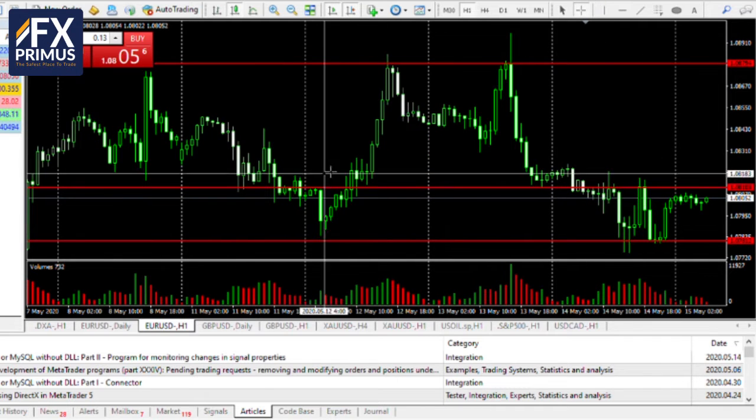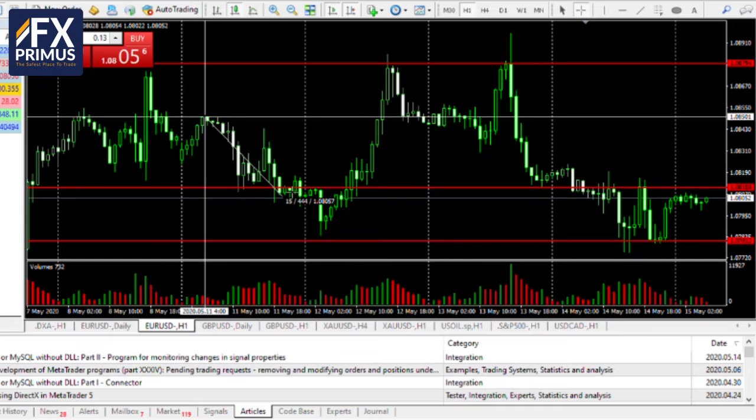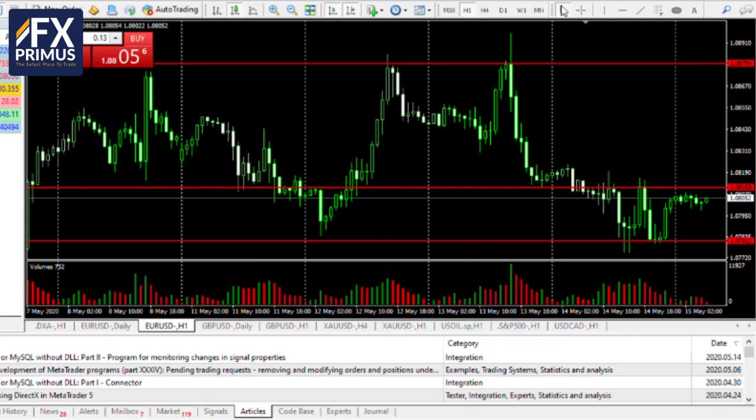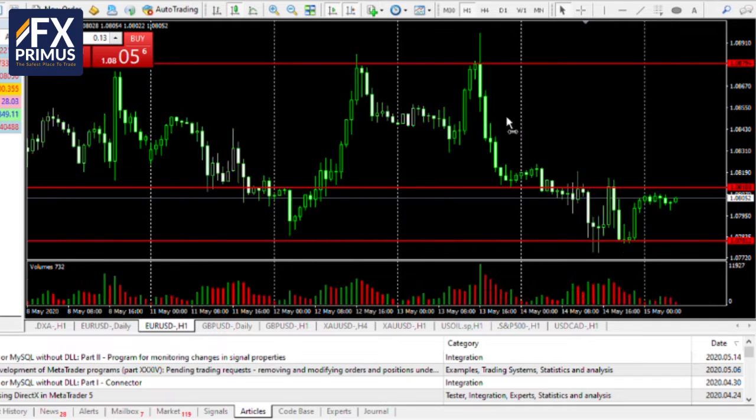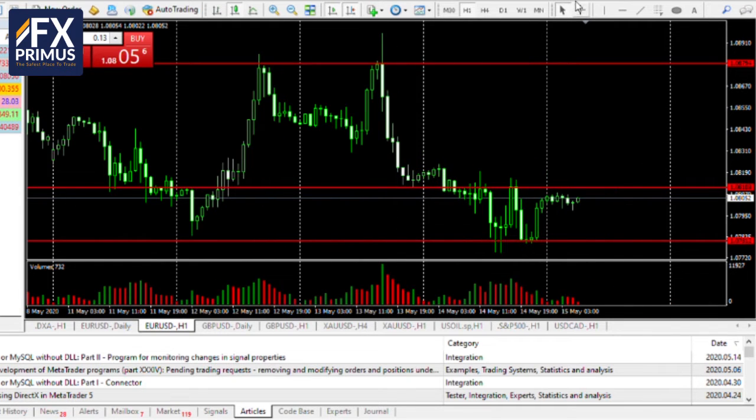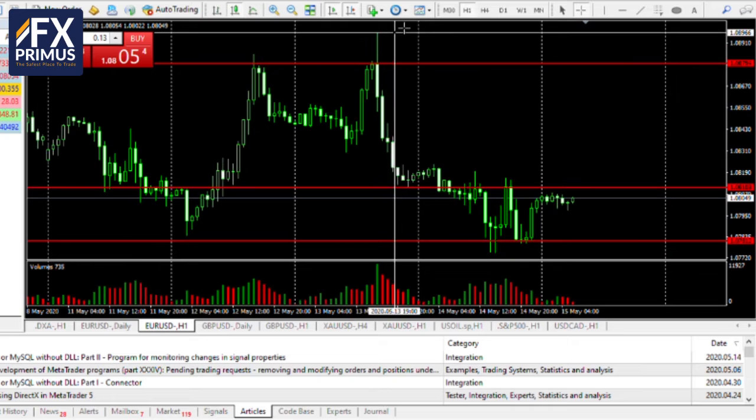As you can see, on Monday it went down about 40 or 50 pips, then it went up again about 94 pips, and on Wednesday it went up initially and then ended lower by 84 pips.